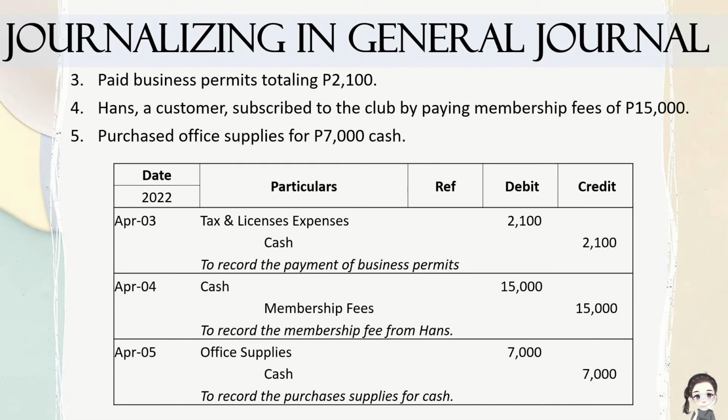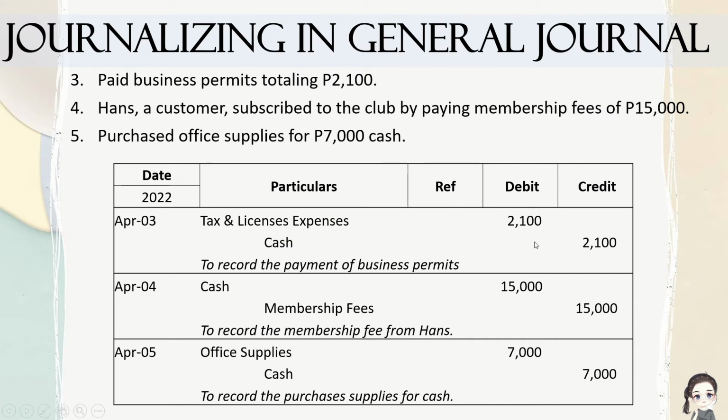So to increase your expense, you will debit taxes and licenses expense amounting to 2,100, and since it is said here that it is paid, meaning there is a decrease in your cash, you will credit cash by 2,100. And then the explanation is to record the payment of business permits.